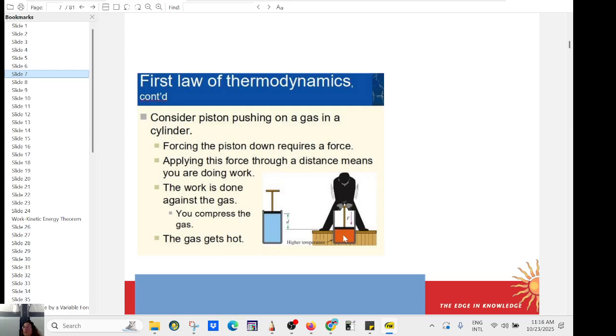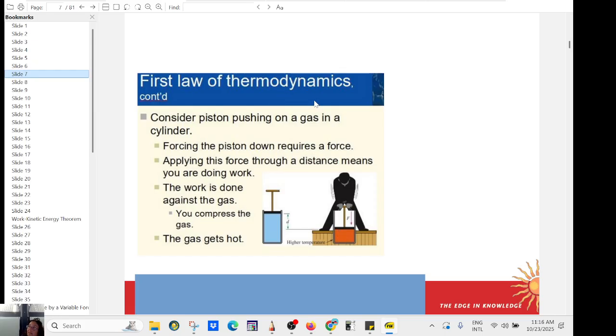Kinetic energy of what? Of the gas molecules. And by definition, temperature is the average kinetic energy per molecule. So you are compressing the gas here, the molecules are going to move faster, which translates as hotter, right? The temperature will increase. So you are doing work on the system.